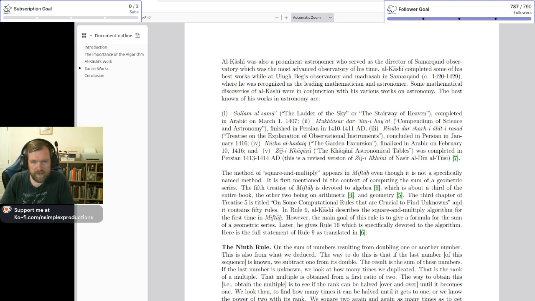Sulam al-Sama, the Ladder of the Sky or Stairway of Heaven, completed in Arabic, 1st of March 1407. Muqtazar Dar Ilm-i Khayat, Compendium of Science and Astronomy, finished in Persian in 1410 to 1411.